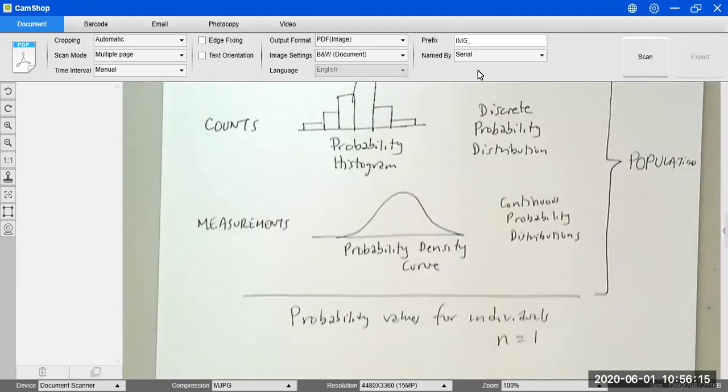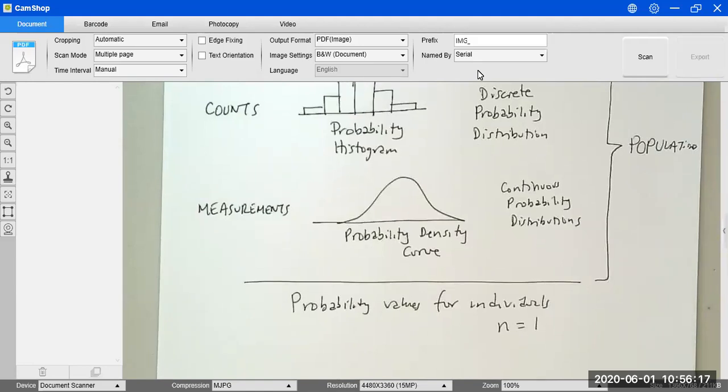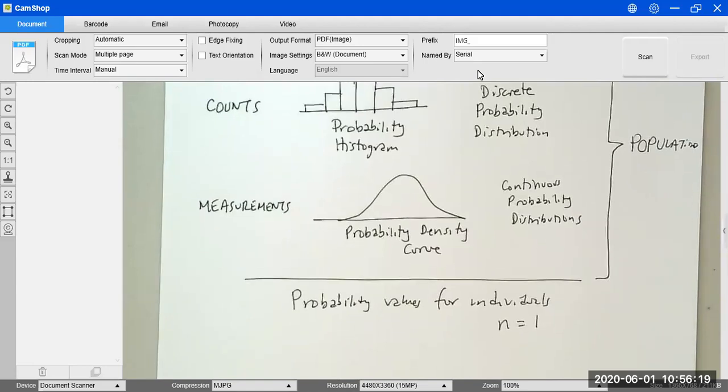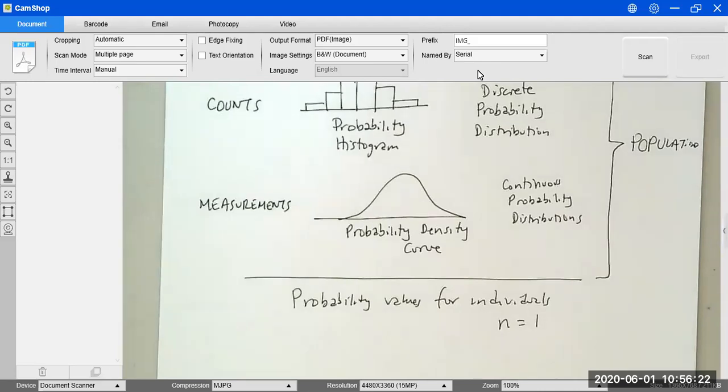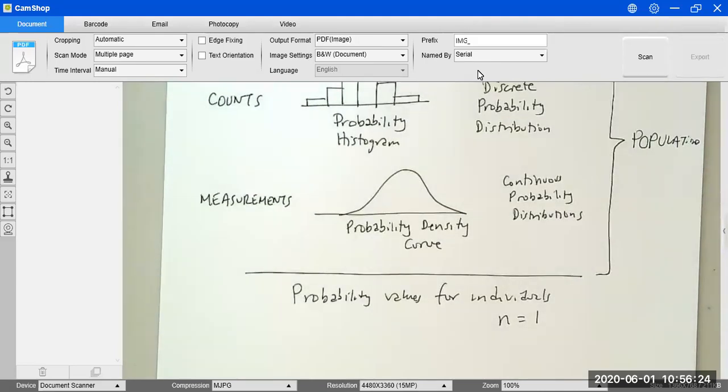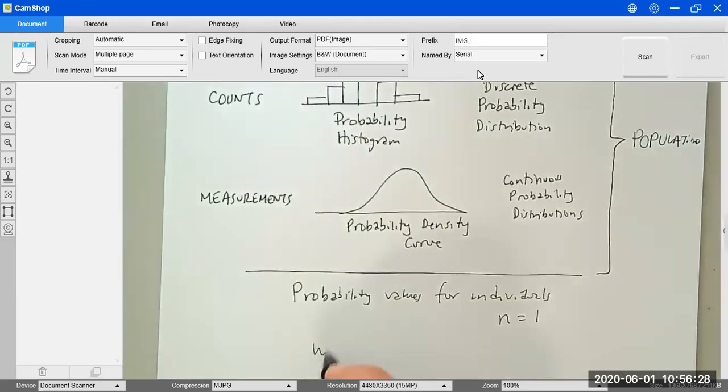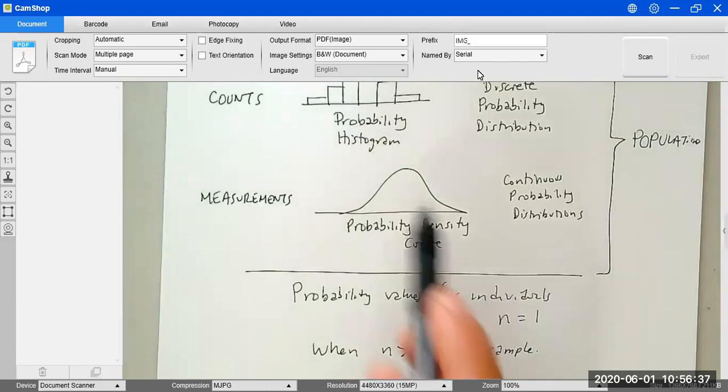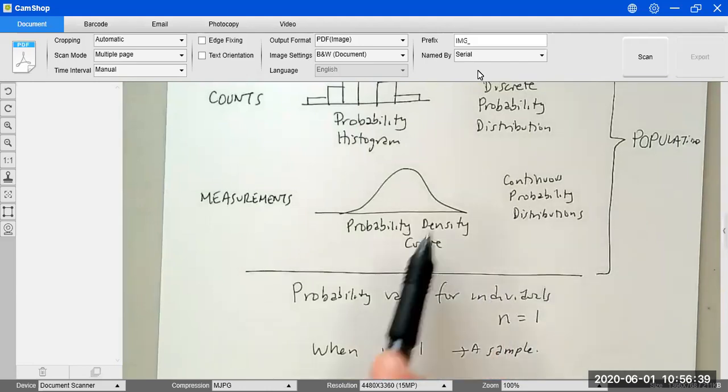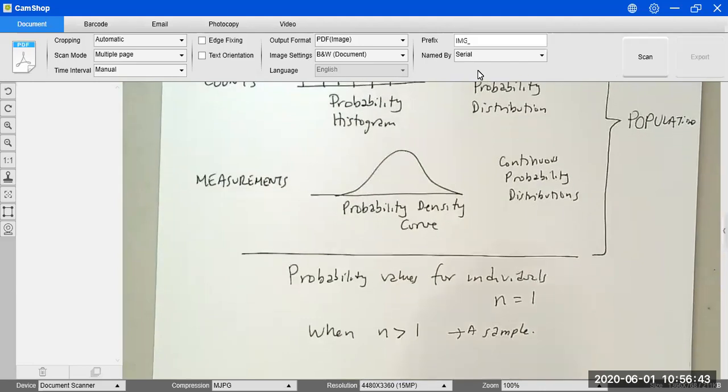But what happens when you start selecting more than one person or more than one value from a population? So you start creating samples. When n is greater than 1, then you have a sample, and you can no longer use the discrete or the continuous distribution to compute probabilities when you are working with samples.